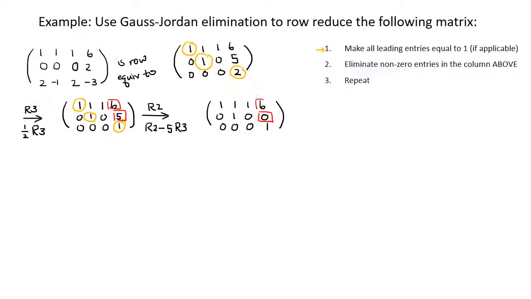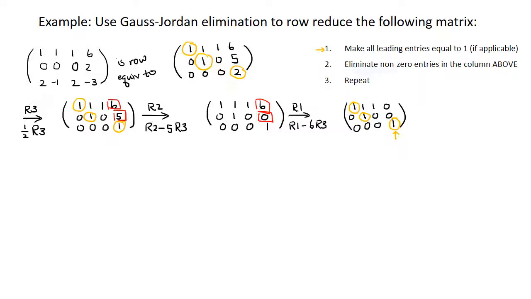We're going to do that by replacing row 1 with row 1 minus 6 times row 3. Now if we look at the entries above this pivot, we can see that they're all 0. So this is the only non-zero entry in this column.